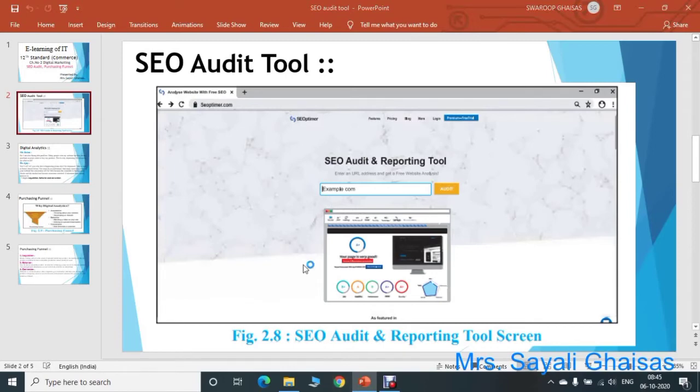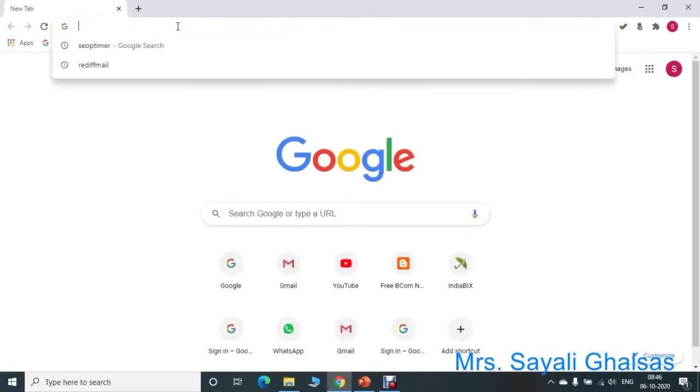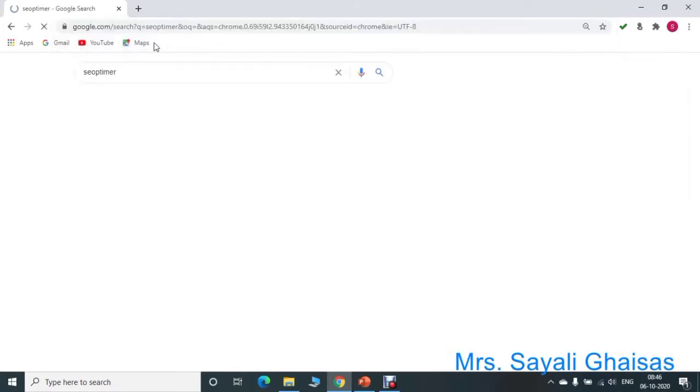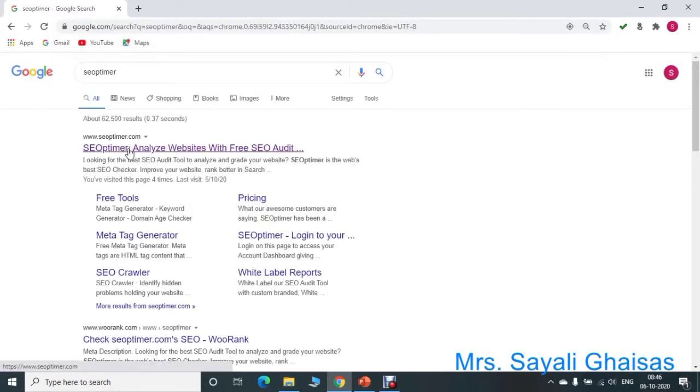Open any browser. Then here type SE Optimer. The first link is about SE Optimer to analyze websites with a free SEO audit tool.